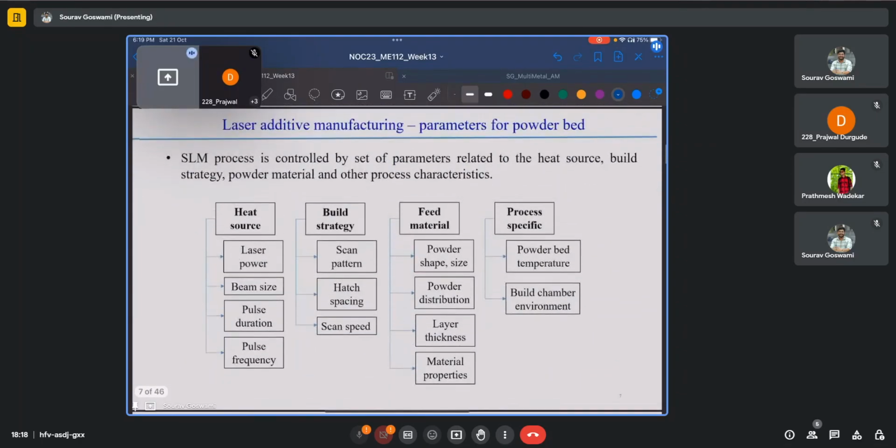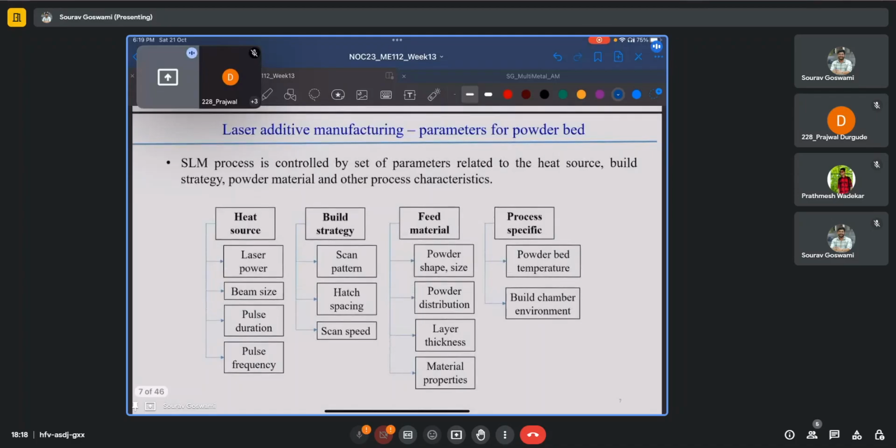Some of the key process parameters related to the powder bed fusion process, which are also deciding factors of any AM process in general, are the heat source, in this case the laser power and the size of the beam. If it is a pulsed source and not a continuous one, then the pulse duration and the pulse frequency. Again, the build strategy dictates the final part quality and part properties, and that would include factors such as the scan pattern and the hatch spacing.